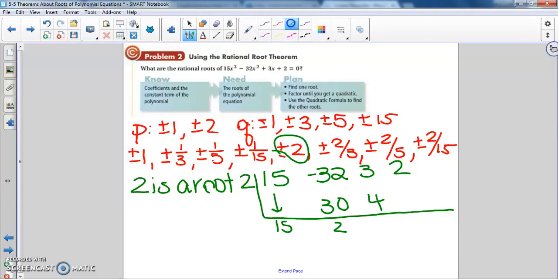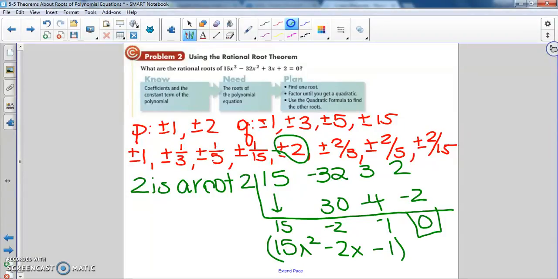Two times 2 is 4. 3 plus 4 is... this is negative 2, so negative 4, negative 1, negative 2, 0. And this turns to 15x squared minus 2x minus 1, and it was this times x minus 2.